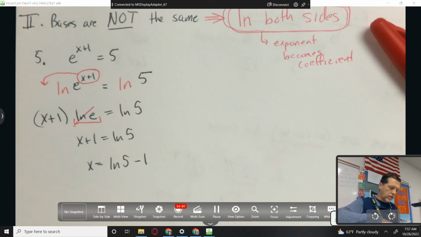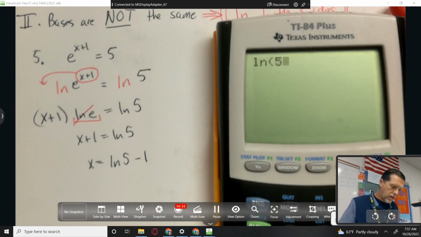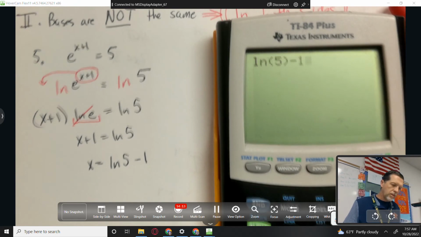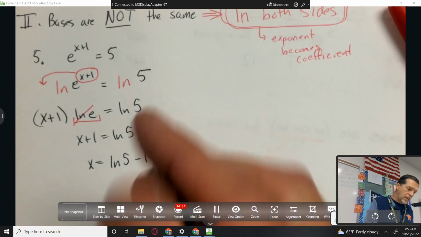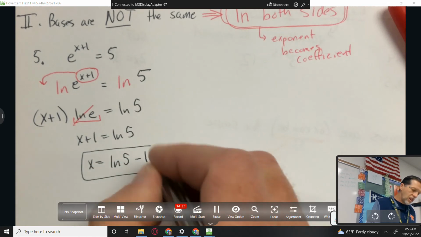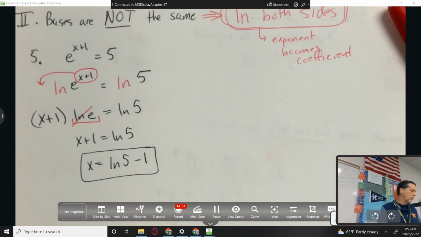If you grab a calculator, which we probably won't even let you have for a while, and type in natural log of 5 minus 1, you get an answer, 0.609, but when you round it, it's not exact anymore because you left off some numbers. So we're going to go with exact answers because, 1, it's more accurate, and 2, you're less likely to make a mistake. You just leave it like that. That's the answer we're looking for.